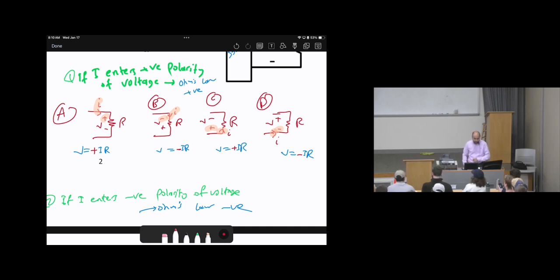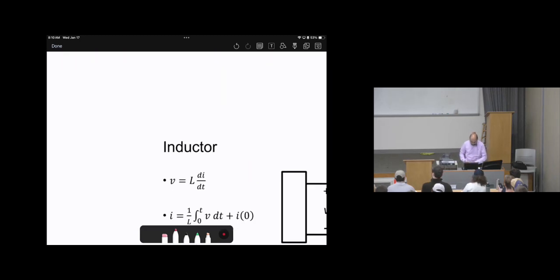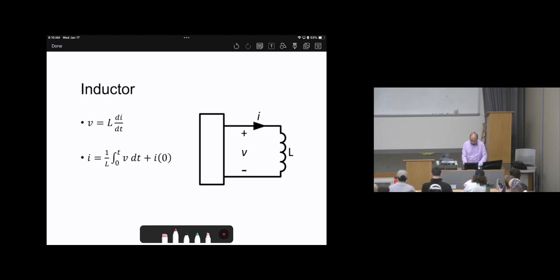Now, how about the relationship between the voltage and the current for the other passive elements, which are the capacitors and inductors? Let's start with the inductor. The inductor is a storage element that stores magnetic field. And magnetic field is related to the current, so I would say it is storing current.